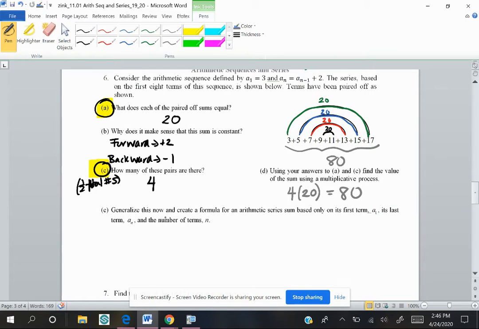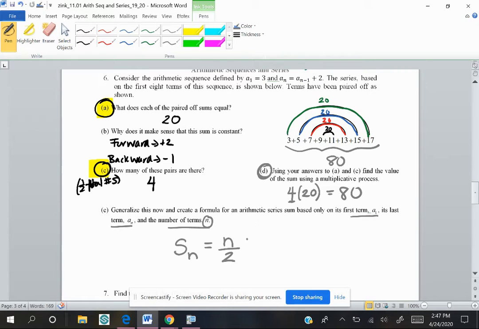Now in E, we want to generalize this and create our formula based on its first term being a sub 1, its last term being a sub n, and the number of terms n. So we're going to find the sum of n terms. What did we do to find the sum of n terms in D? We took 4, which was half of our total number of terms. So if we have n terms, we took half of them, and we multiplied that by the sum of each pair.